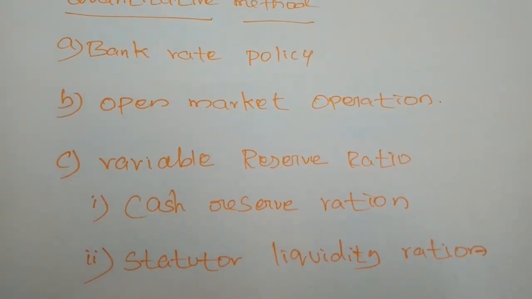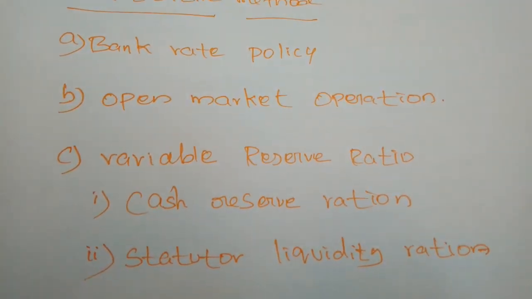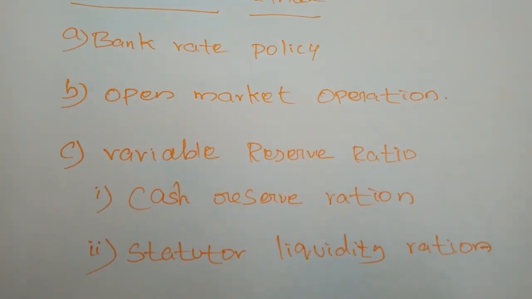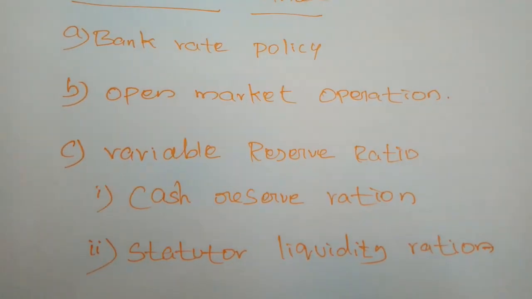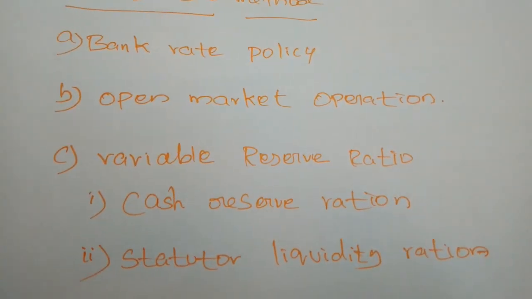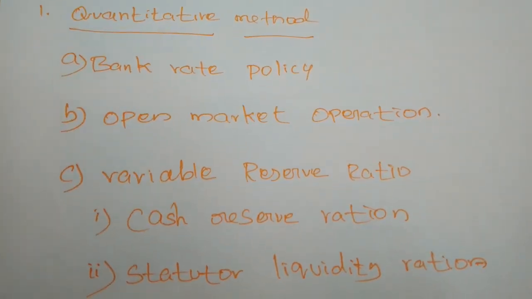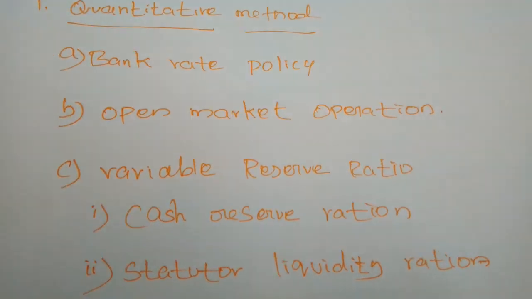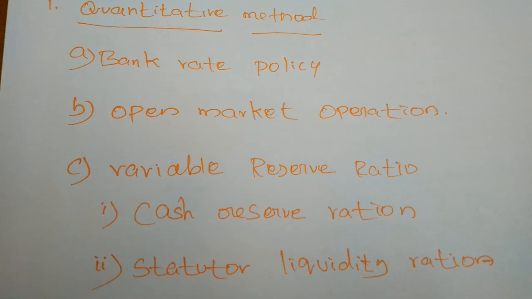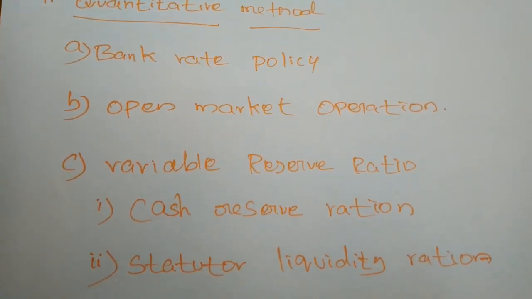In contrast, in deflation time, the central bank will purchase the securities from the public. Then the central bank has to pay the public, and the circulation of money will be increased. So normally, if the Reserve Bank of India wants to reduce the credit facilities or the credit amount, it will sell the securities.